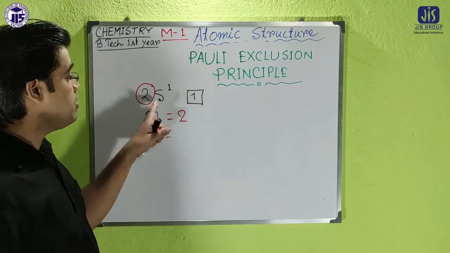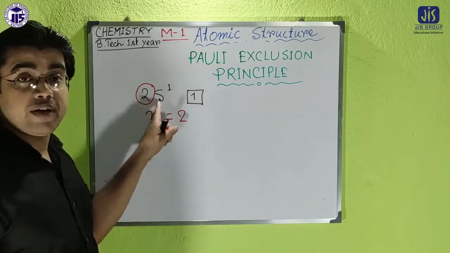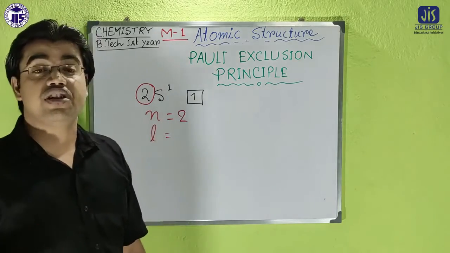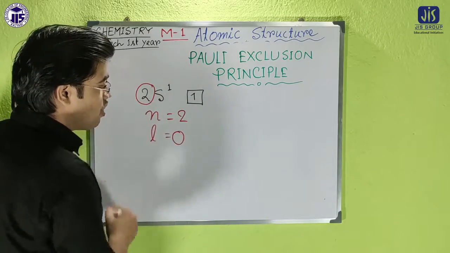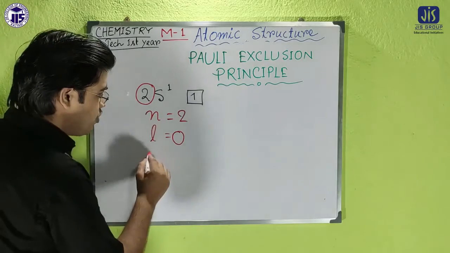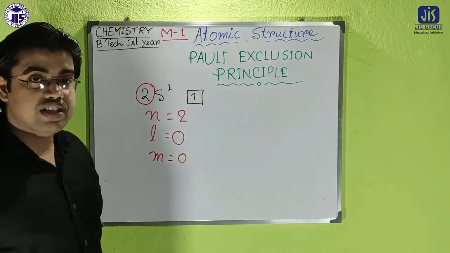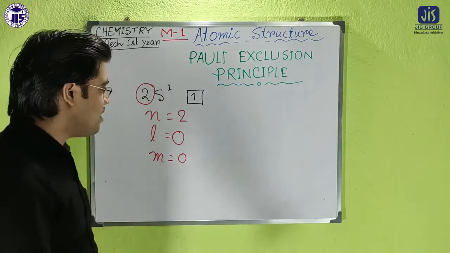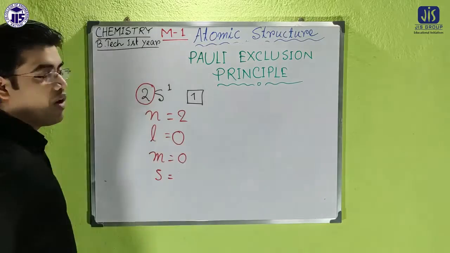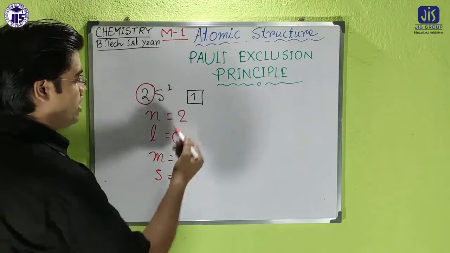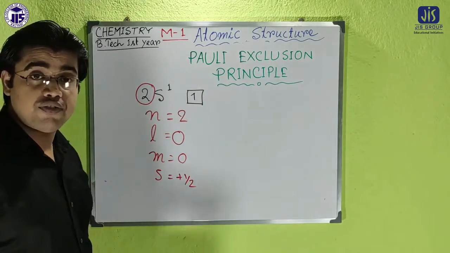Azimuthal quantum number will be 0, because here the s subshell is denoted. That means l equals 0. If l equals 0, magnetic quantum number m equals obviously 0. Then the remaining part is s, which means spin quantum number. For example, for the first one, this is plus half.